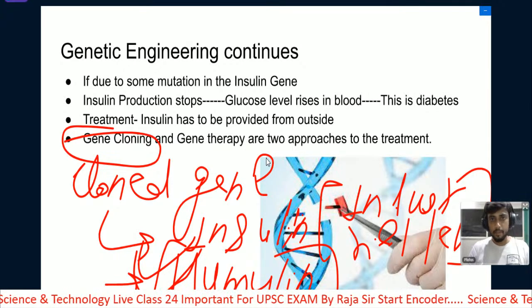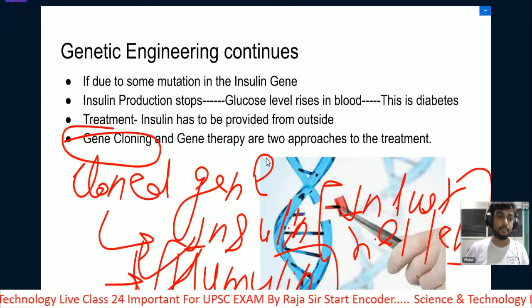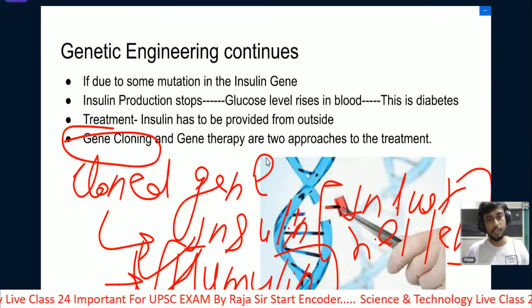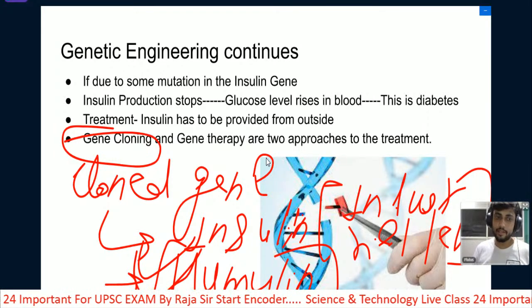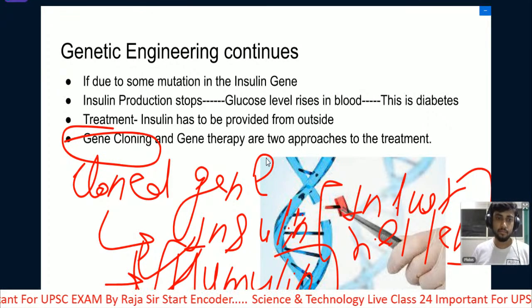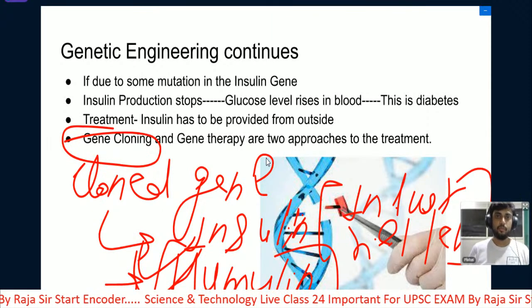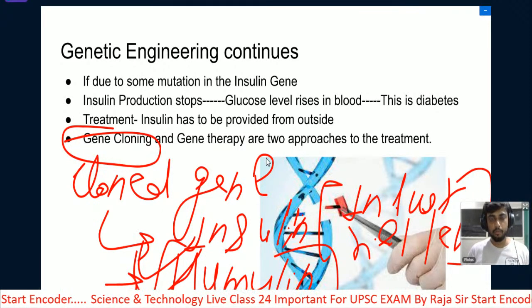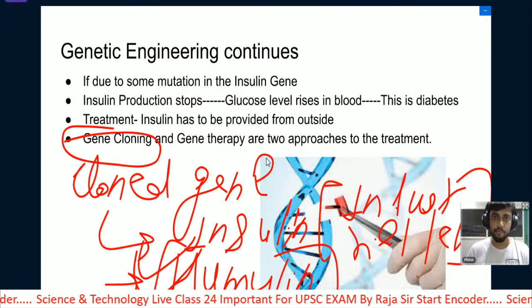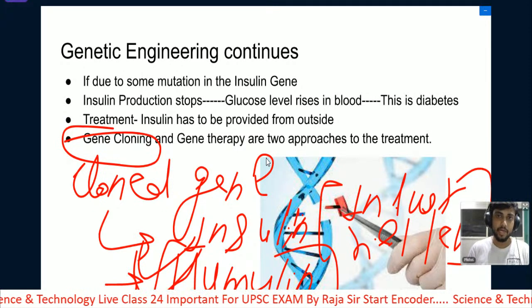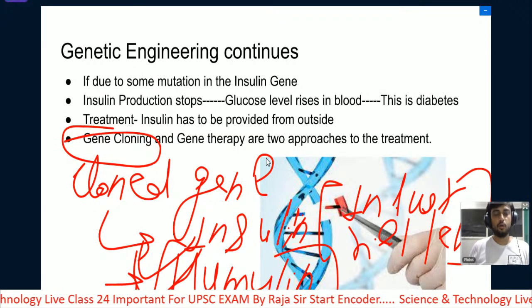Yes, it is by the replication of the rDNA. It is the result of the replication of the rDNA. Yes, Nathan. Yes, we know. Basically, the insulin gene, we superimposed it over the bacterial DNA, and when the bacterial DNA multiplied, the insulin gene also multiplied with it.